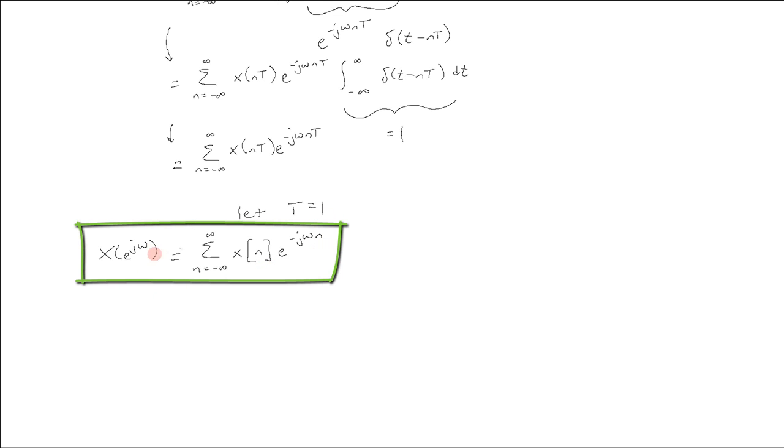And this is the final form of the discrete time Fourier transform, where X of e to the j omega is the discrete time Fourier transform, and this is how you get it.